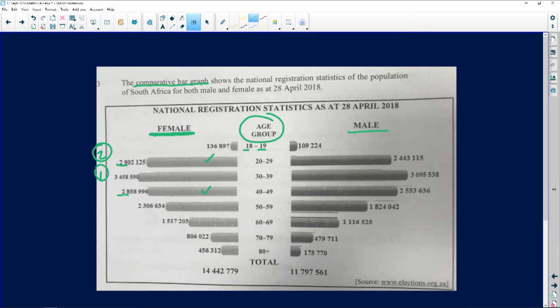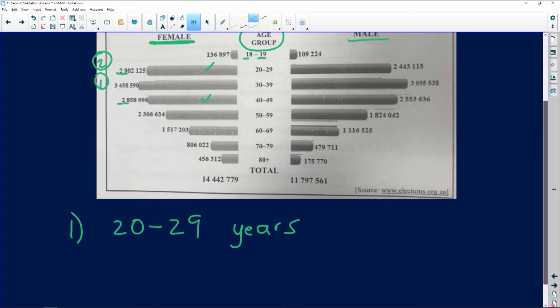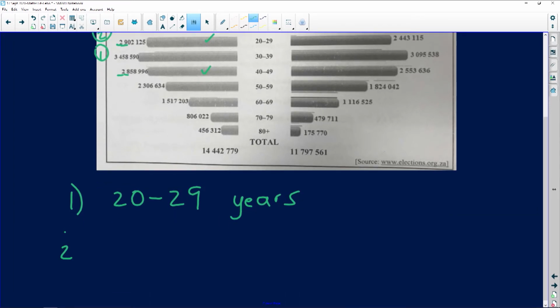And the question is saying, write down the age group. So the age group in this particular case, let's write that down. The age group is then going to be 20 to 29. That is going to be the age group that they are looking for.